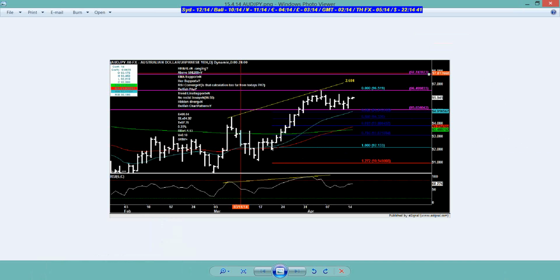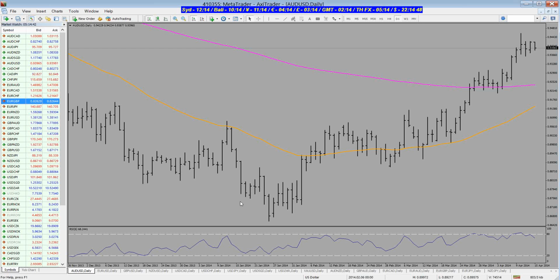This is all wrong, right? We've got this Fibonacci here. You're looking at this as the traded long. Aussie.